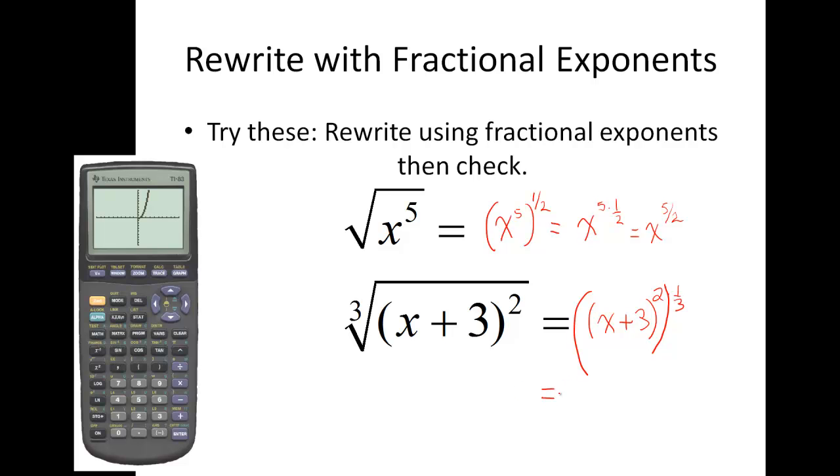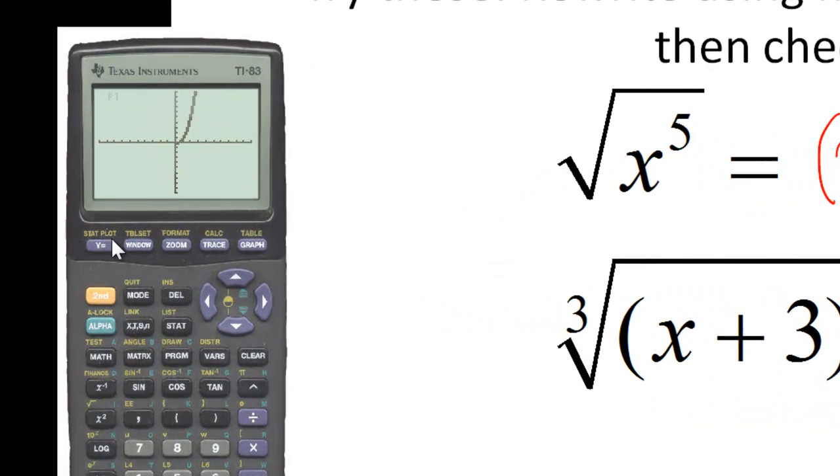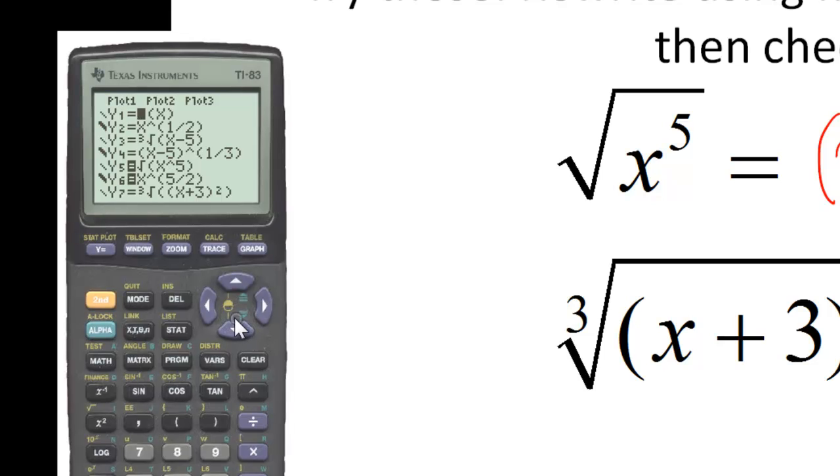And by using the same rules as above, I can rewrite that as x plus 3 to the 2 times 1/3, or 2/3 power. So again, I'm going to go back to my graphing calculator, turn off those two functions, and turn on the next two. And let's see what happens.